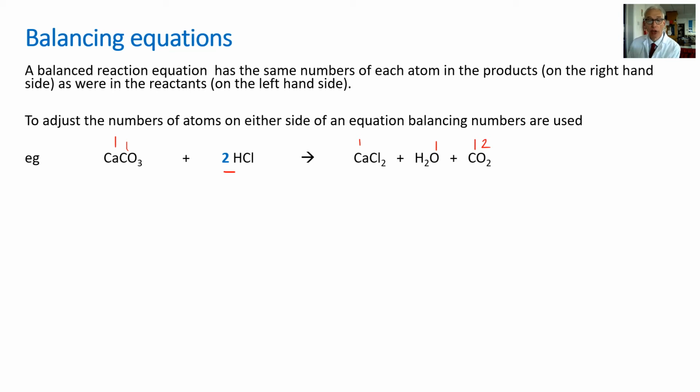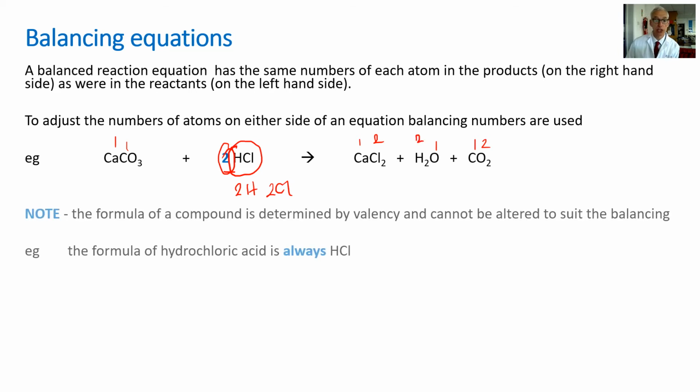We've got 2 chlorines on the right hand side, well without that balancing number we'd only have 1. That 2 multiplies by 2 the whole formula. So here we have 2 hydrogens and 2 chlorines. So I've got 2 chlorines on the right hand side by balancing my multiplier or my coefficient here. Okay, I've now got 2 chlorines. I've also got 2 hydrogens, and oh, I've got 2 hydrogens on the right hand side.